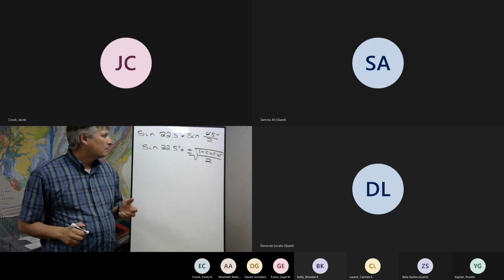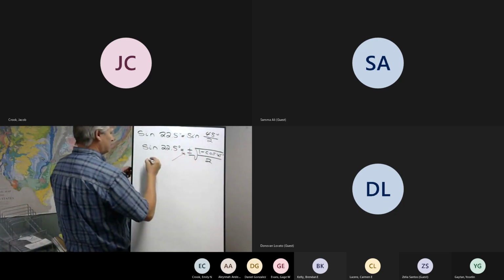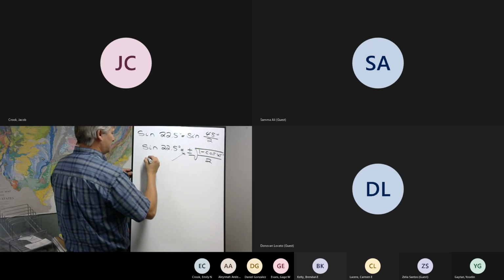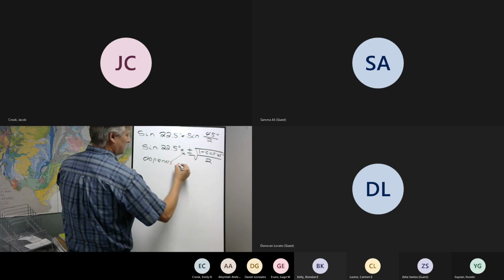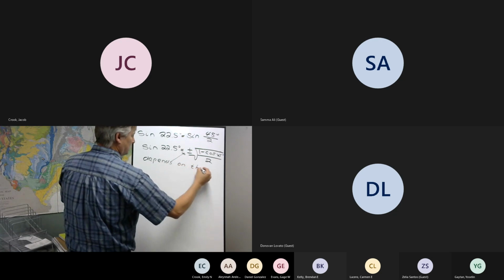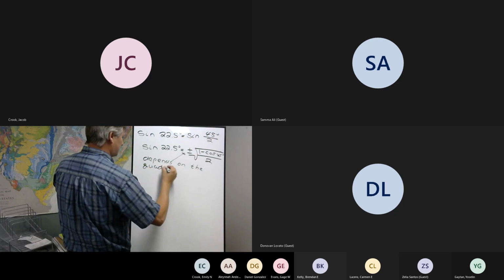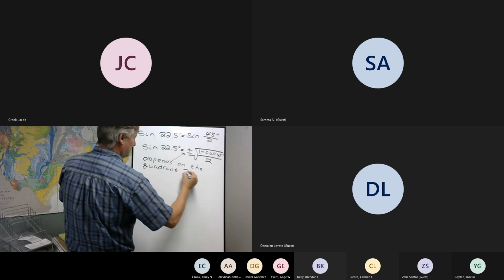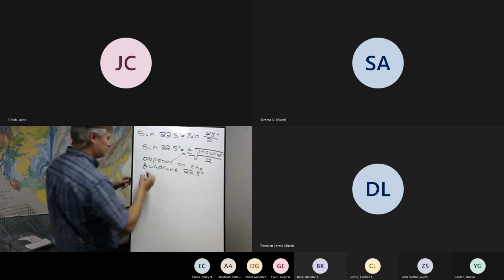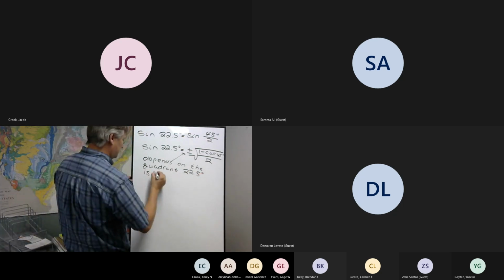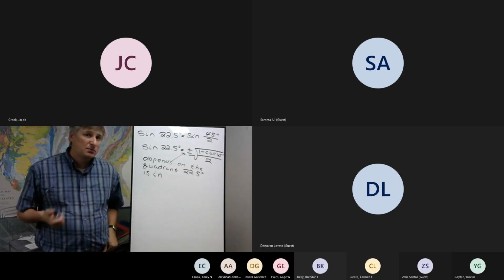Now, when it comes to choosing plus or minus, it depends on the quadrant 22.5 degrees is in. So we have to choose the plus or minus.